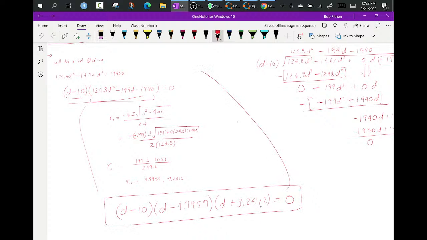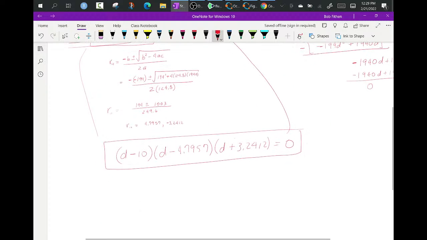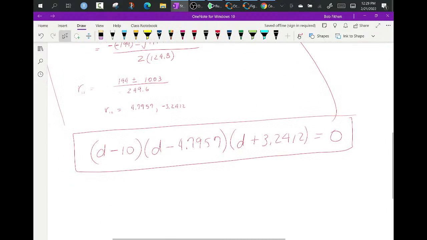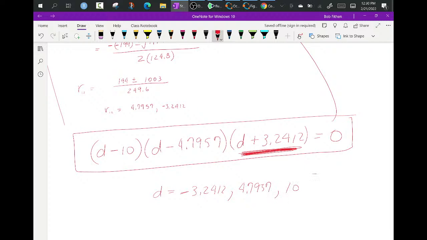So I get 3 roots. Now you have to realize this has to be 0. The only way it can be 0 is if you move the 3 to the other side, so you get a minus 3.2412, or you get 4.7957, or you get 10.